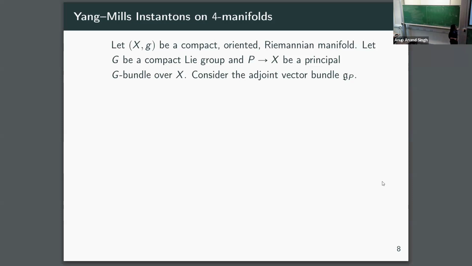Now I can always consider the adjoint vector bundle. For P, the principal bundle, I have fiber Lie group G, and so you consider the Lie algebra and have a vector bundle where your fiber is precisely that Lie algebra. You know the Lie algebra carries the adjoint representation of the Lie group, and that's where the name adjoint vector bundle comes from.